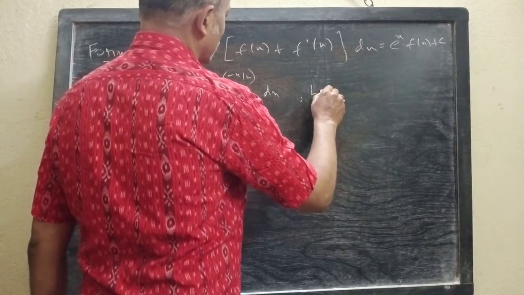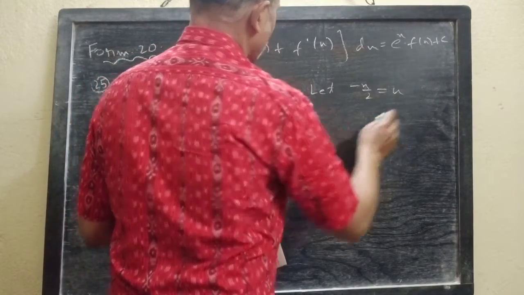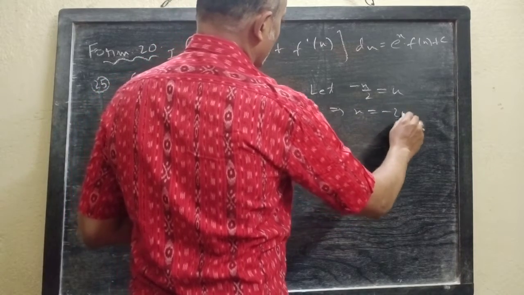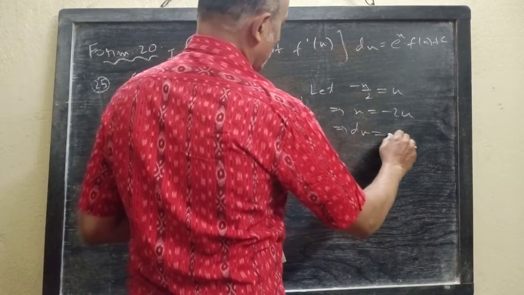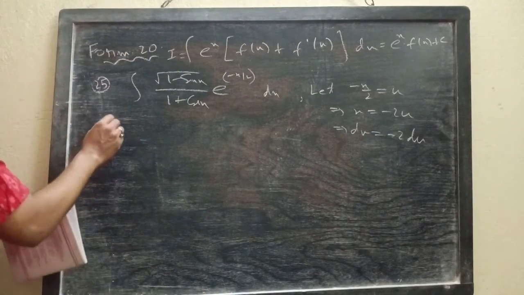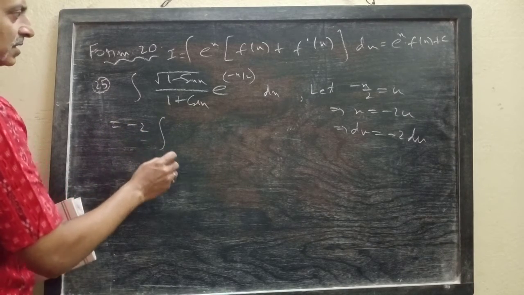Let minus x by 2 be u, then x will be minus 2u, then dx will be minus 2 du. Minus 2, I am writing it outside the integral sign.